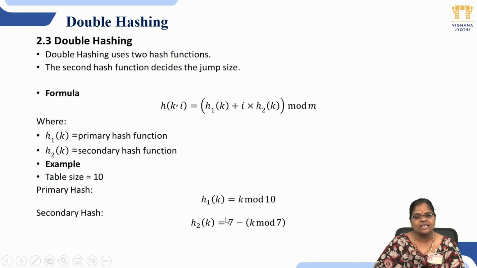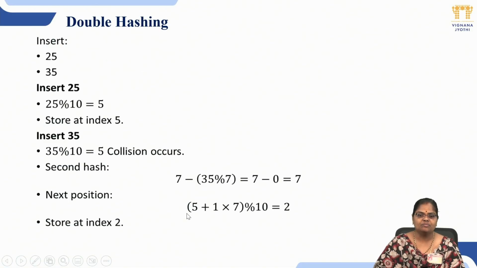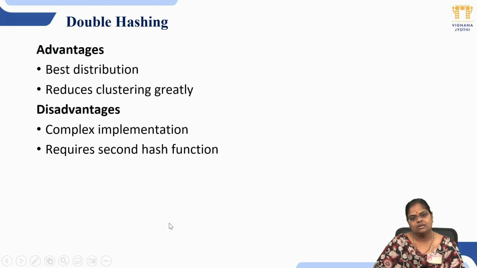Based on the formula, first hash function plus i into h2 of k, the same thing has been applied: first hash function index 5 plus i, which is taken as 1, into the second hash index, which we got as 7, modulo 10. So this is the index where the value will be stored using double hashing.